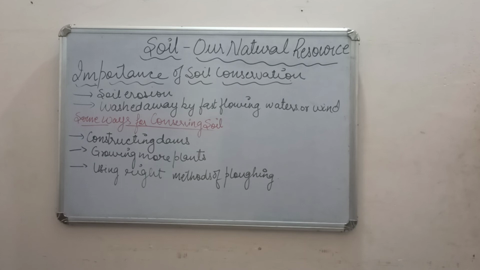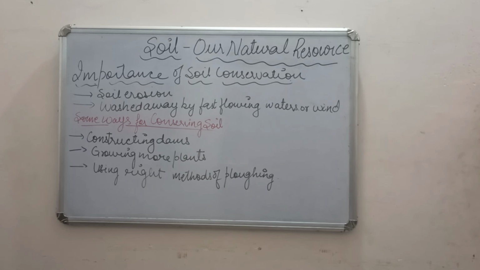Okay. So let us talk about the importance of soil conservation. Children, throughout the lesson we know that the formation of an inch of thick soil takes hundreds of years. But soil erosion is a quick process.